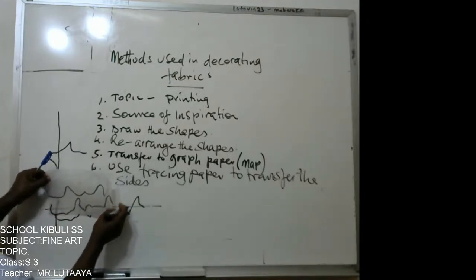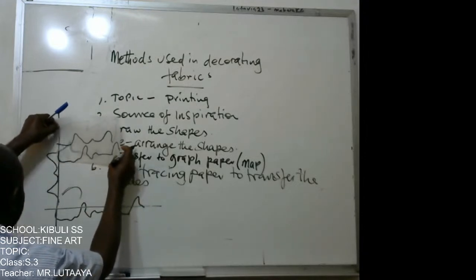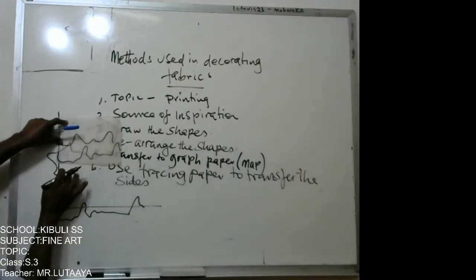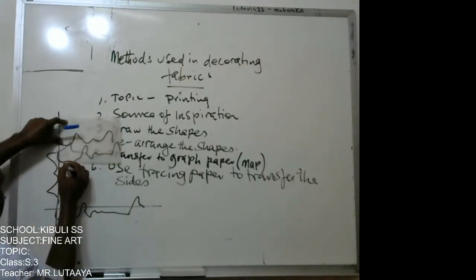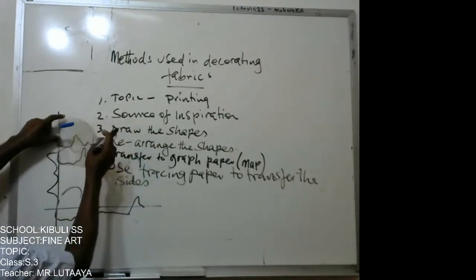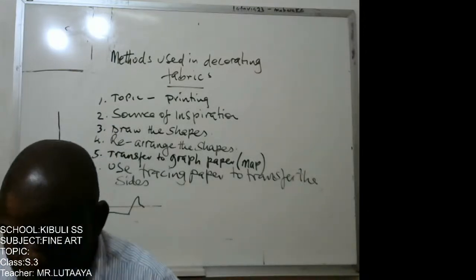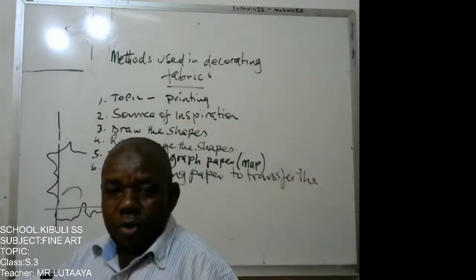Don't turn the paper. After drawing it, take it on top of your design and partly cover part of the original design, and then start transferring that line as we have seen it. There, you are working on mapping the work so that you make the design flow.